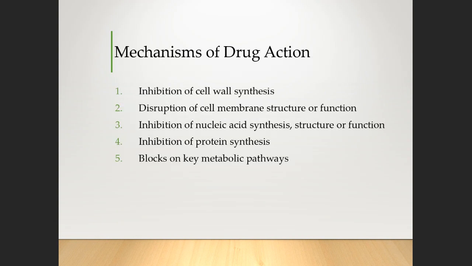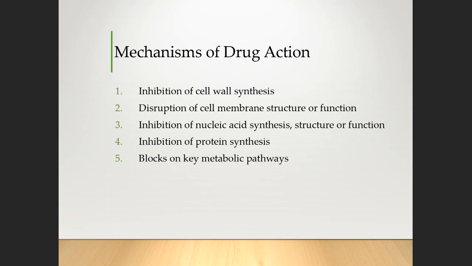Now the target. Remember when we discussed chapter 11, we also talked about the target for physical and mechanical agents on the microbes. So it's going to be the same.